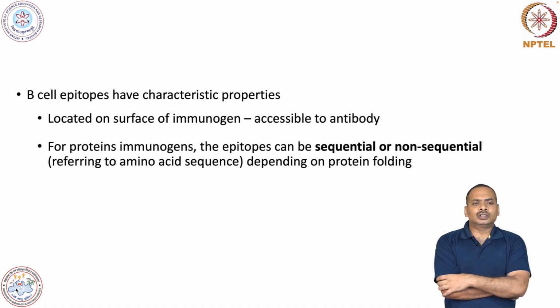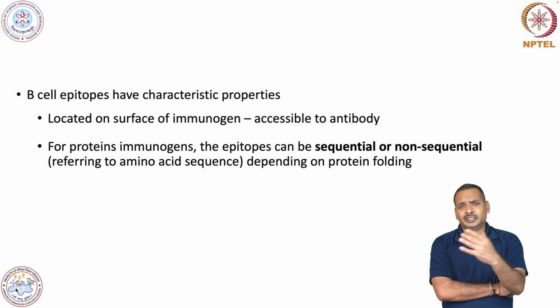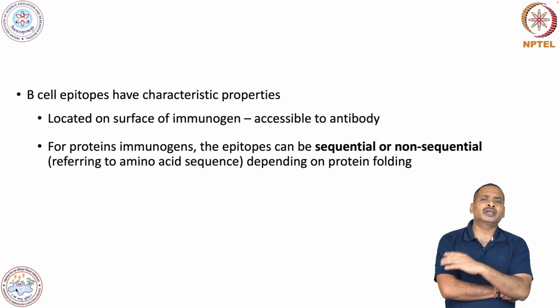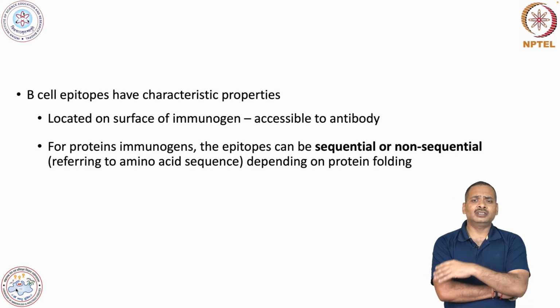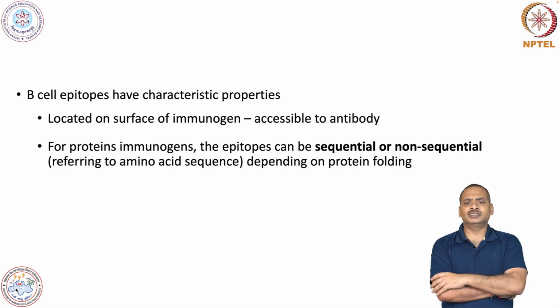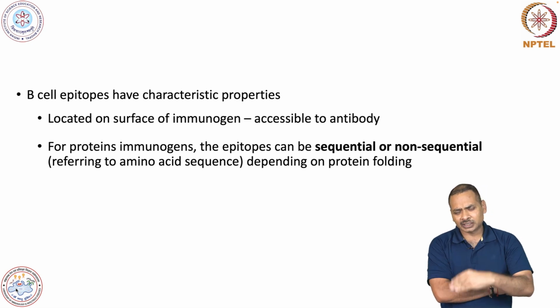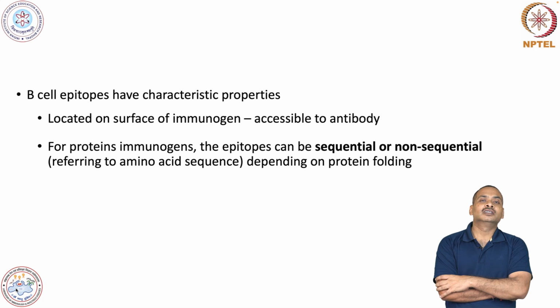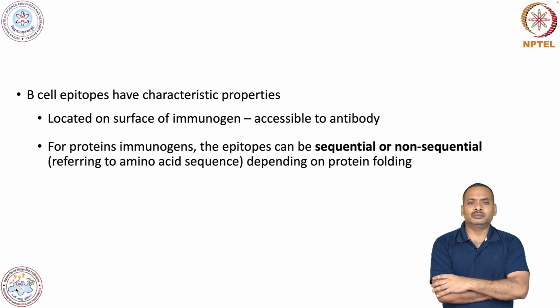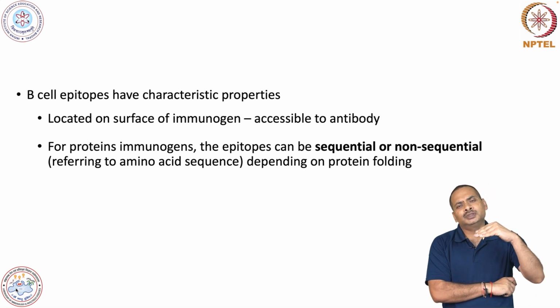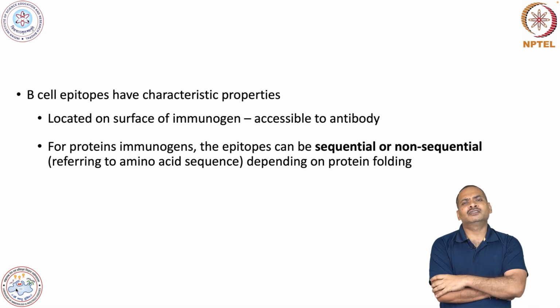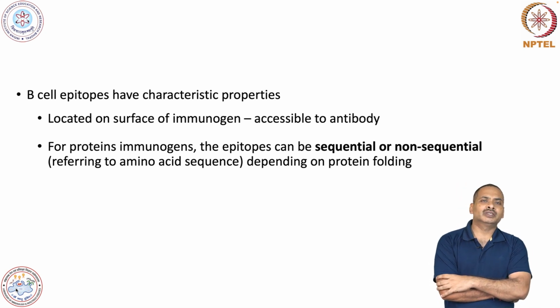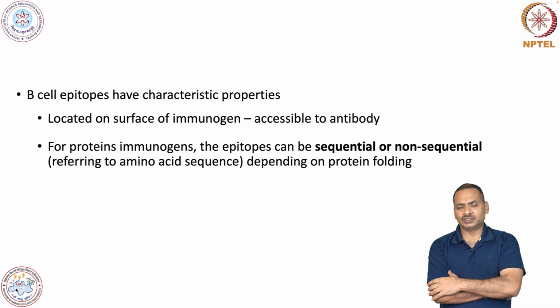For protein immunogens, in case of B cell, the epitope can be a sequential or non-sequential epitope. I will explain in the subsequent slide what I mean, because in the previous session I have discussed that protein makes various levels of structure.